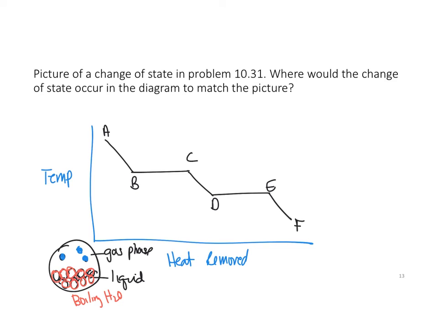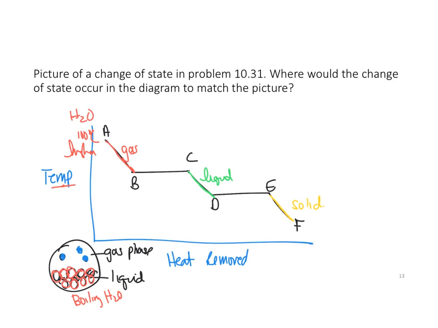Well, A has to be right here. This is pure gas phase, because that's a higher temperature. See, this is higher temperature. You could say this is 100 degrees Celsius. You can think of this as like water. Okay, so if that's gas, this would be the liquid, and then this would be the solid.